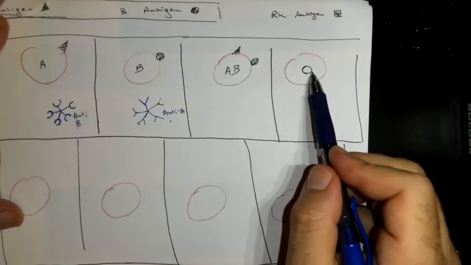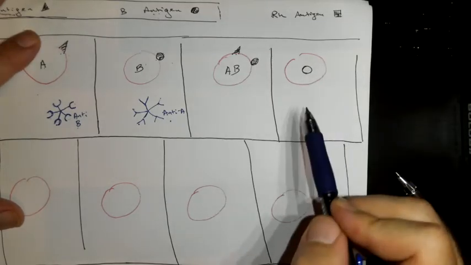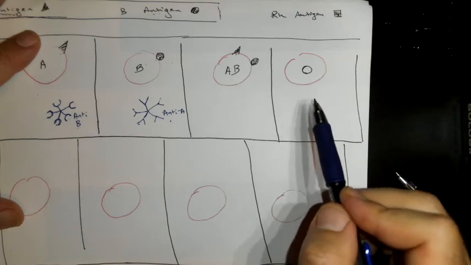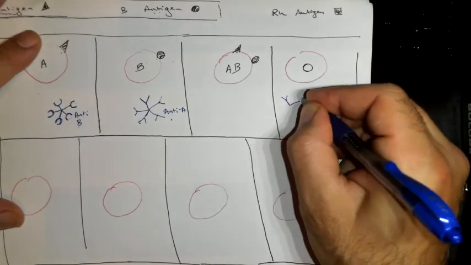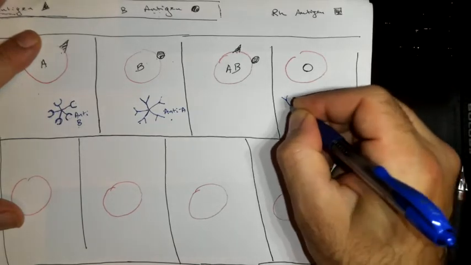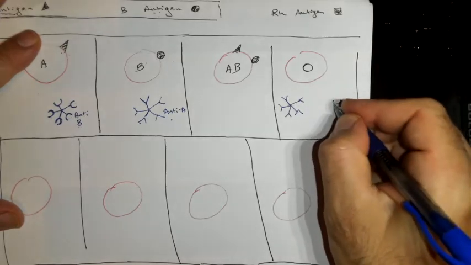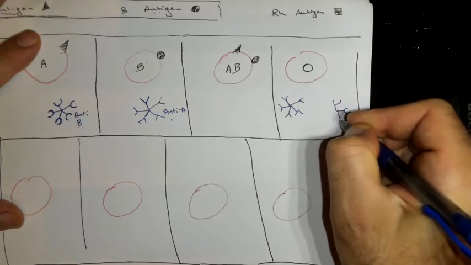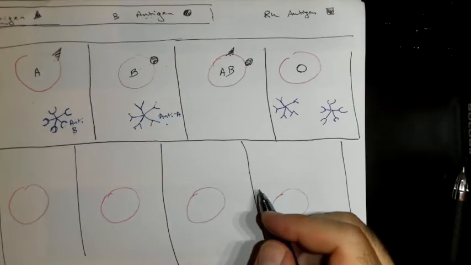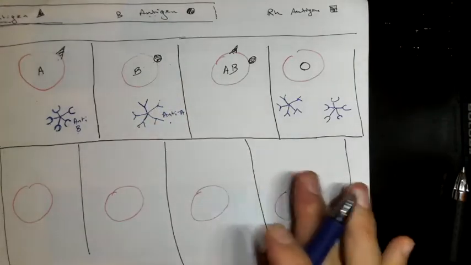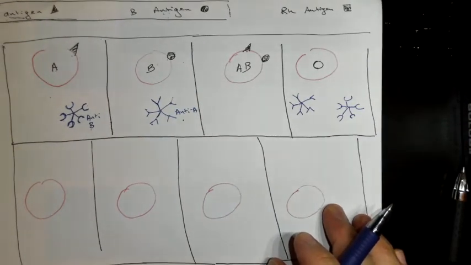On the other hand, for a type O blood person, think about what you would have. I think you know what it would be. You would end up having both. You would have the anti-A with the triangular sticky ends, and you would have also the anti-B with the circular sticky ends. And so this is the way to start understanding how blood typing actually works.